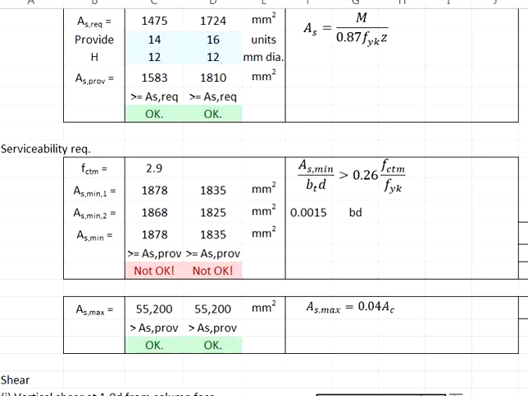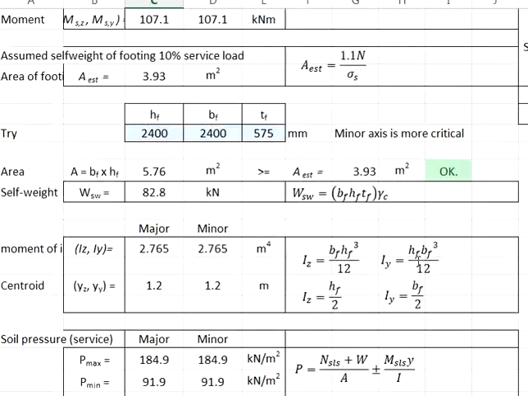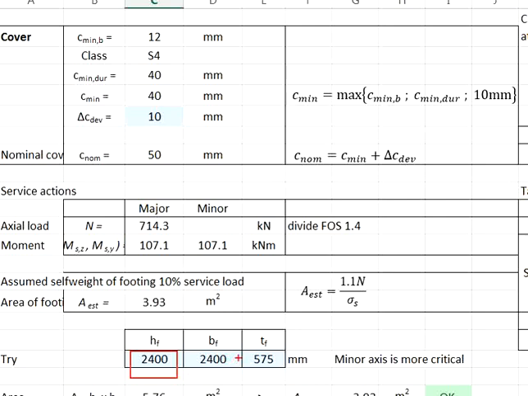Since the pad footing is the same in both the major and the minor axis, the Ac is calculated by multiplying the 2.4 with 0.575. As for the minor axis, it will be the same.